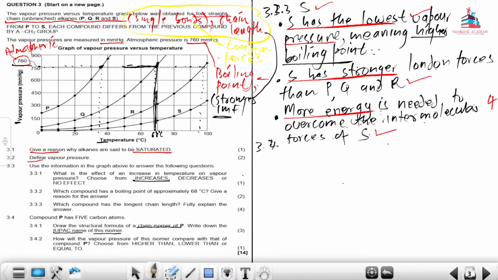We said isomers are compounds with the same molecular formula but different structural formula. So if we know that it has 5 carbons, its straight chain will be 1, 2, 3, 4, 5. Then everything else here will be hydrogens.